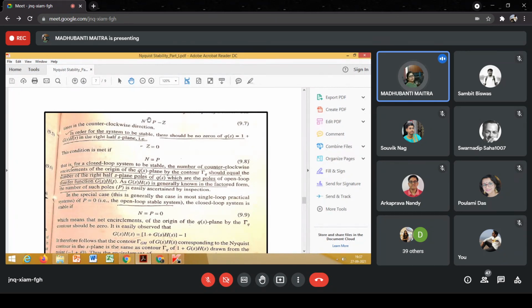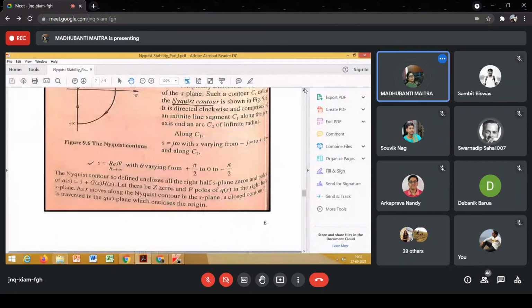So the net encirclement of the origin of the Q(S) plane is denoted by N, and the net encirclement will be in the counterclockwise direction, and N will be equal to P minus Z. Have you understood this? Yes, ma'am. Is it absolutely clear? Yes.